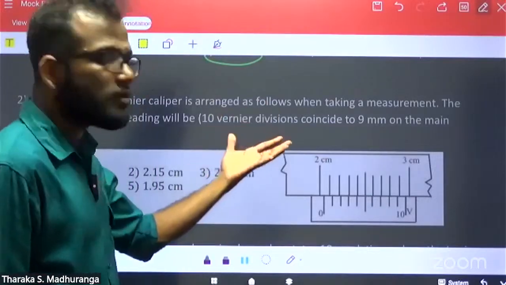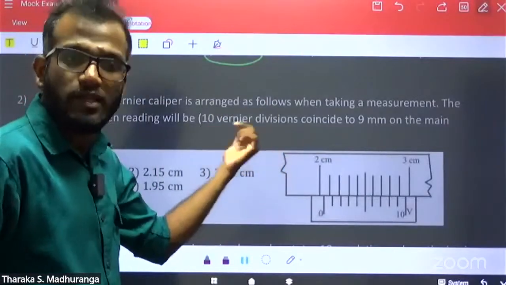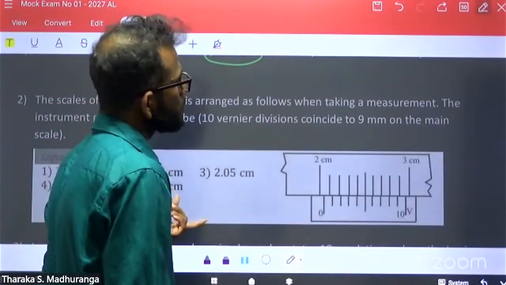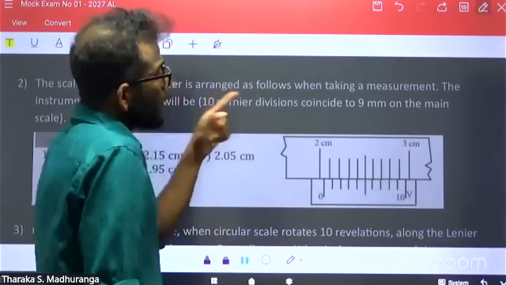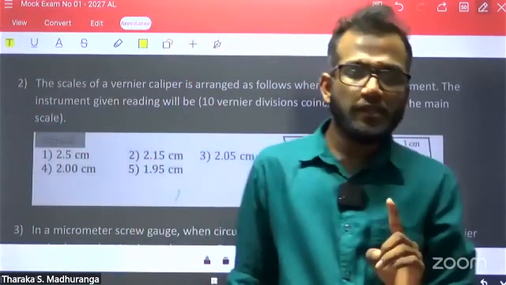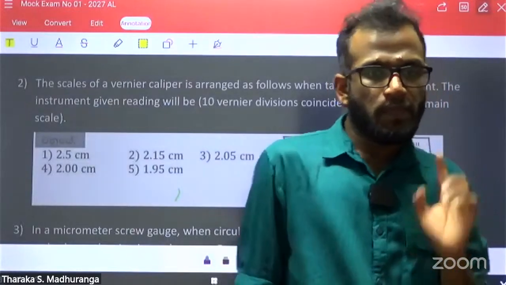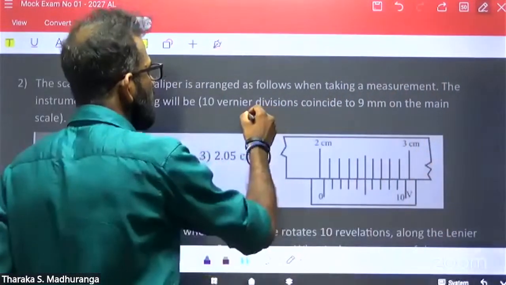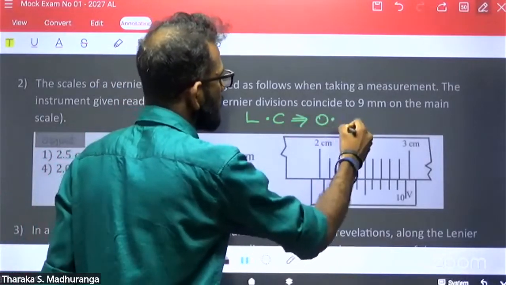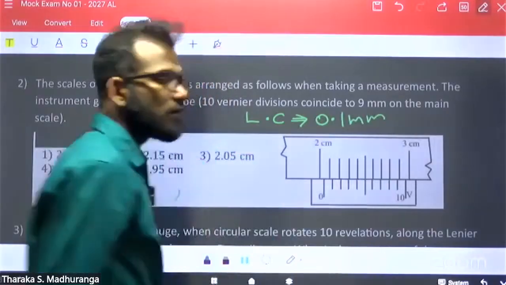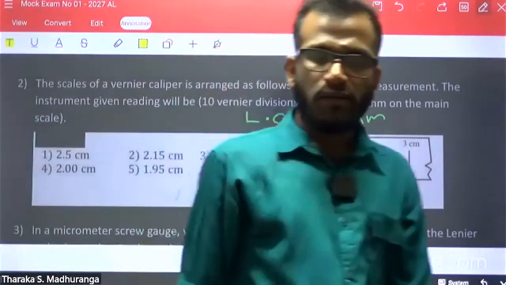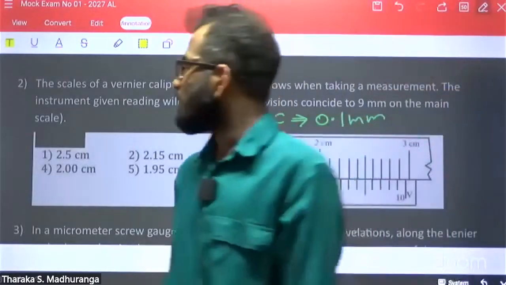By this hint, you can find the least count. You already know it is the same as a standard vernier caliper. If it is a standard vernier caliper, the least count of this instrument is 0.1, that you already know. The least count of this given vernier caliper is 0.1.